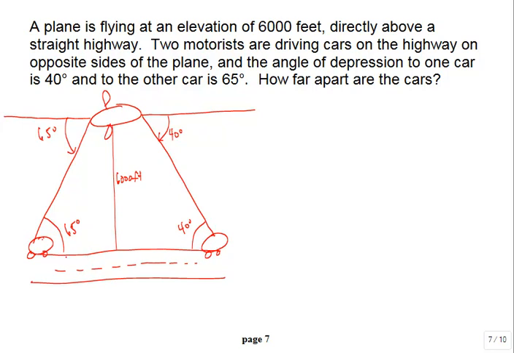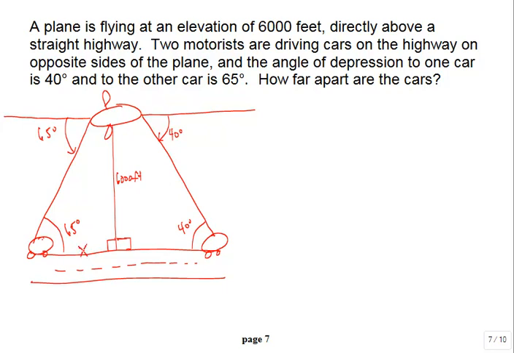But you probably can't find that directly because we want to be thinking about these as right triangles. Here's a right angle and here's a right angle. And if we work just within this right triangle, I know this angle is 65, I know its opposite side is 6,000, and from that I could probably figure out what this length over here, this adjacent side, is.